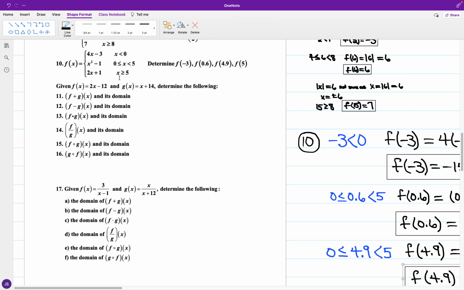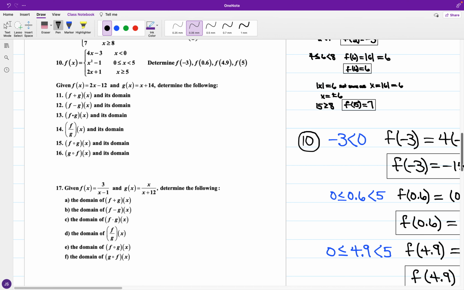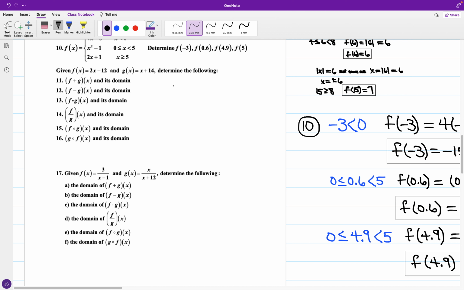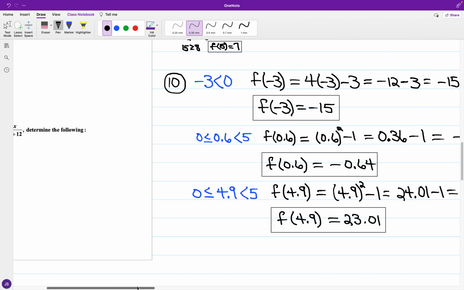But for the last statement, we have x is greater than or equal to 5 when x is 5. Now 5 cannot be greater than itself, but it is equal to itself. So the equal to part makes this last inequality statement applicable for the input value of 5. So we're now going to use the 2x plus 1 portion of the piecewise defined function.